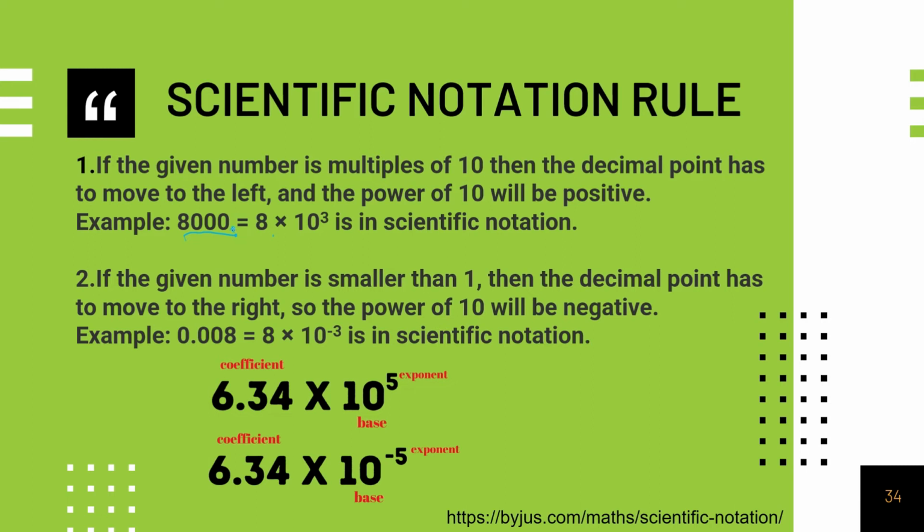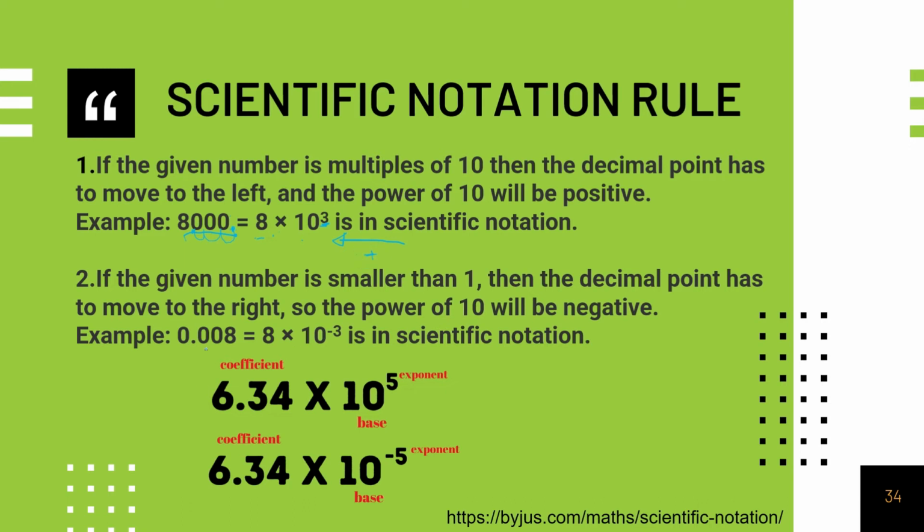So, i-move lang natin to the left. 1, 2, 3. Kapag na-reach na natin yung whole number, which is 8, saka tayo hihinto. At ang magiging sagot natin is 8 times 10. Then, ilan yung movement natin? 1, 2, 3. That is raised to 3. Exponent yon, yung move. Okay? Then, the sign would be positive. Always remember, pag nag-move tayo pa left side, that is positive.